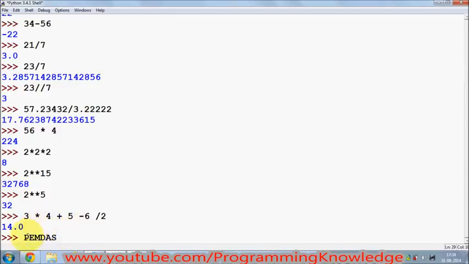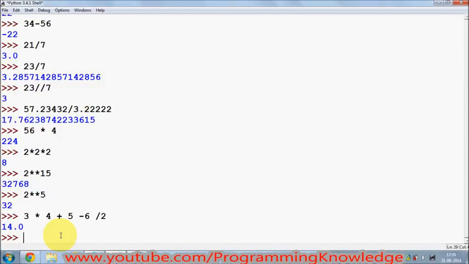This is the order in which your operations will take place, and P stands for parenthesis, E stands for exponents, M stands for multiplication, D stands for division, A stands for addition, and S stands for subtraction, okay. And the way you remember this is you can abbreviate it as please excuse my dear Aunt Sally, if you want to remember this order, okay. And so this will be the priority, or this will be the order of your operation.